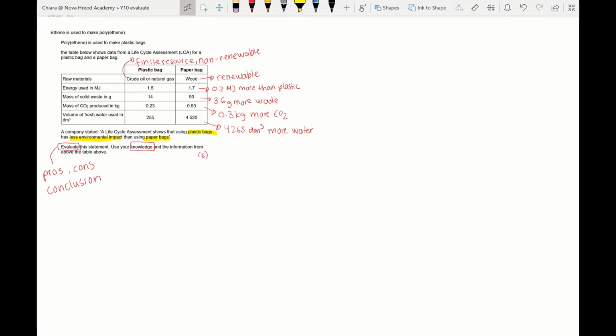However, what else do we already know about plastic and paper bags from what we've already learned? Well, I remember that paper bags are biodegradable.